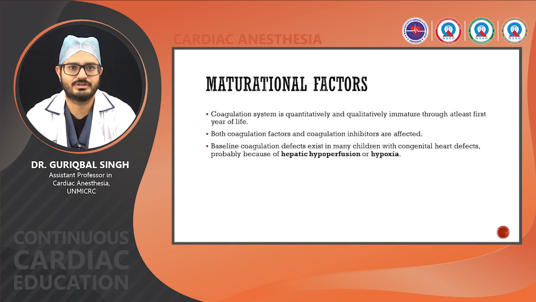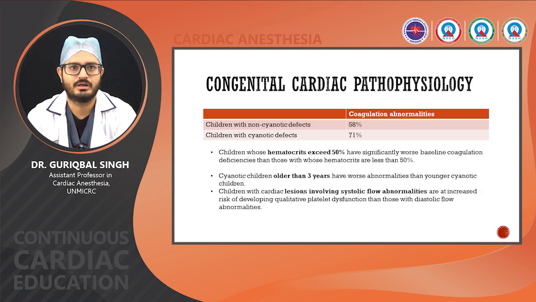Another is the maturational factor. The coagulation system is quantitatively and qualitatively immature through at least the first year of life, and both coagulation factors and inhibitors are affected. A baseline coagulation defect exists in many children with congenital heart defects, probably because of hepatic hypoperfusion or hypoxia.